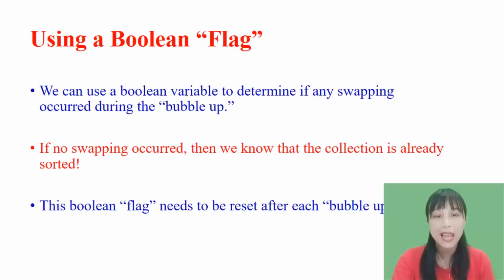Using a Boolean flag, we can determine if any swapping occurred during the bubble up. If no swapping occurred, then we know that the collection is already sorted. This Boolean flag needs to be reset after each bubble up.